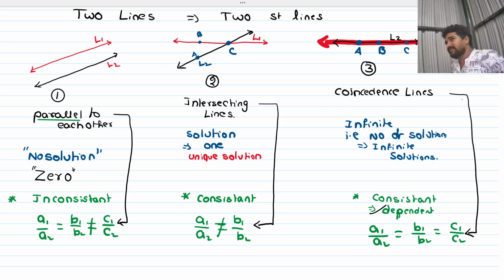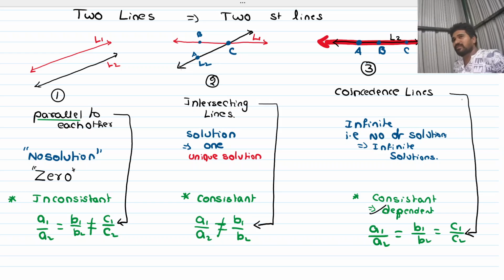Inconsistent lines. A1 by A2 is not equal to... wrong. Inconsistent lines means parallel lines. Parallel lines condition is what?